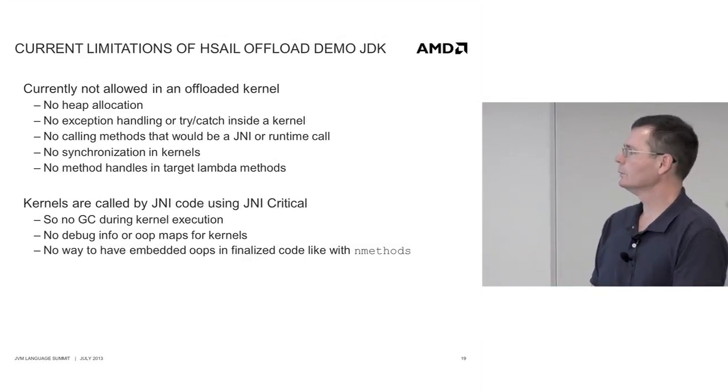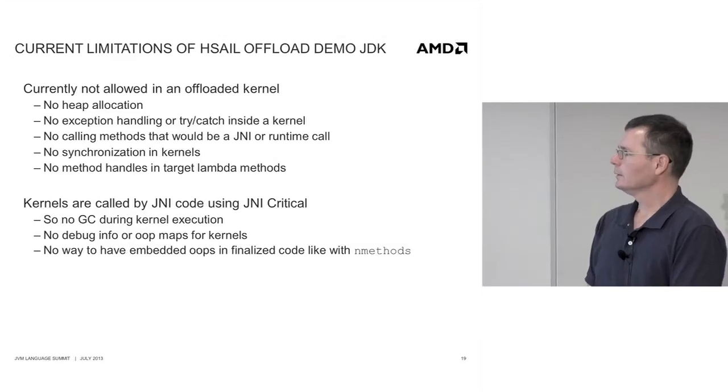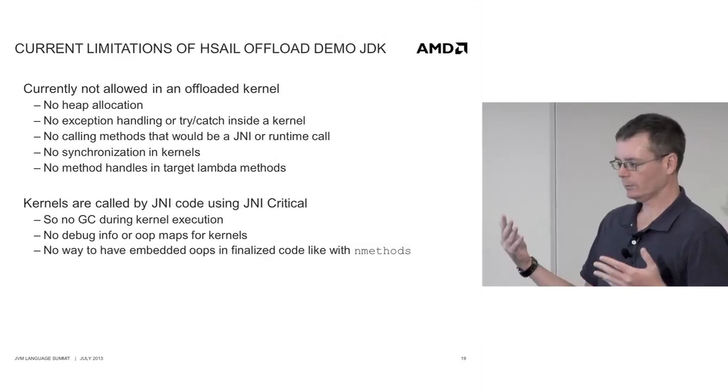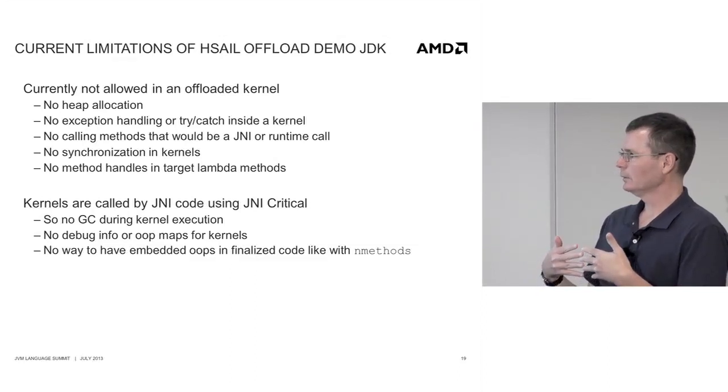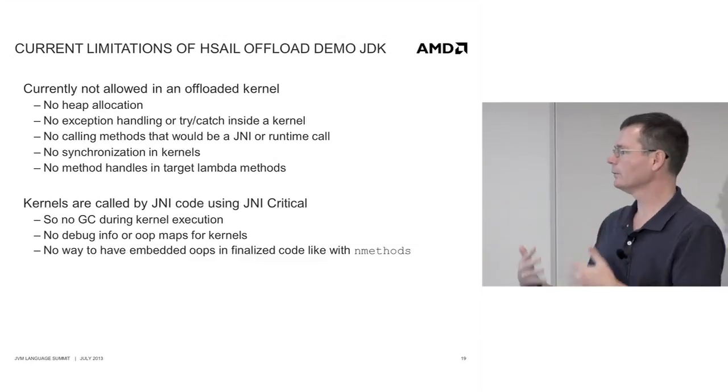As I said, we're doing JNI calls using JNI critical. We're still considering all the other things that need to be implemented, like synchronization in kernels, whether it's synchronization between the stream cores or between the stream cores and the CPU side. In the case of HSA, they could all be naturally accessing all the same memory at the same time.